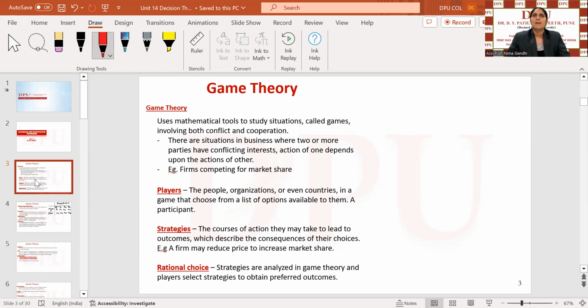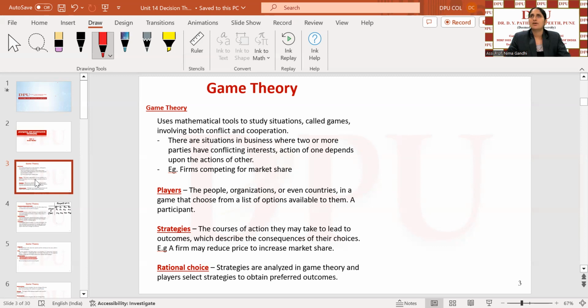The players are the two parties involved. Then strategies are the courses of action they may take to lead to an outcome. So here, if having the maximum market share is the outcome, what different actions might they take? They might go for aggressive marketing. They might go for free sampling.